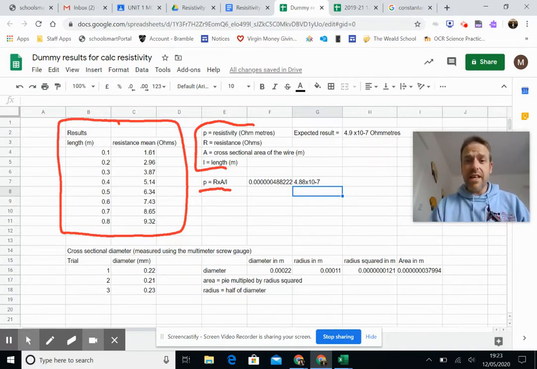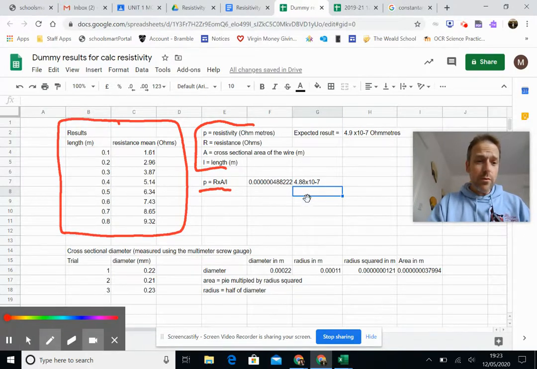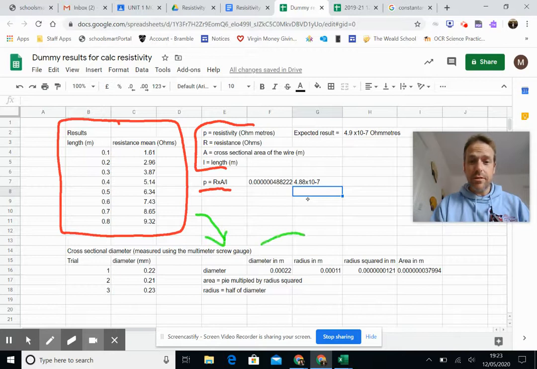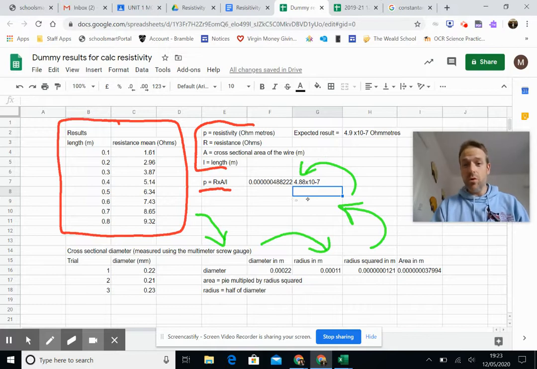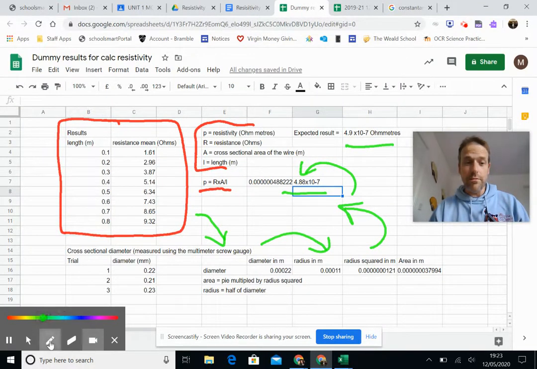Okay, the skill is showing the examiner what they want to see: that you can do these steps, do these calculations, and then come up with and compare your result to an industry standard one. All right. I hope this helps, and I hope you can have a crack at this and get your own results for your write-up.